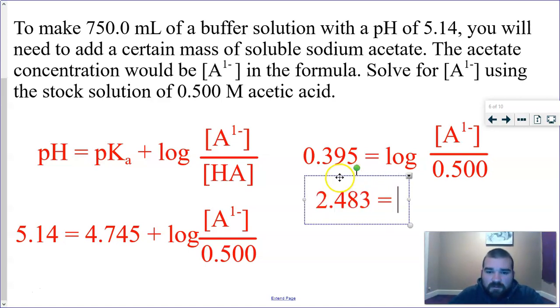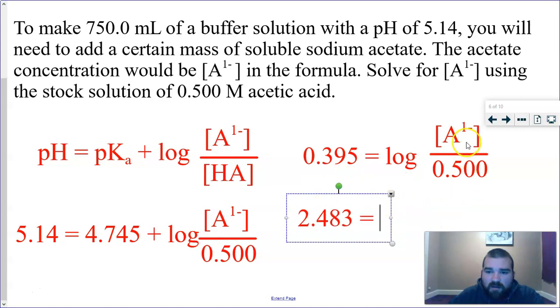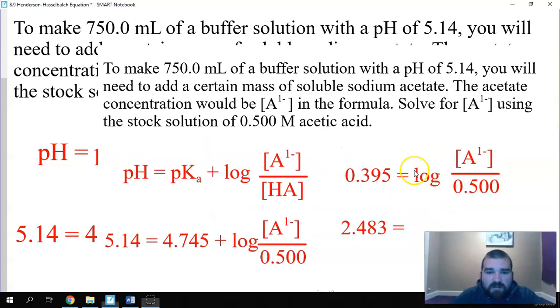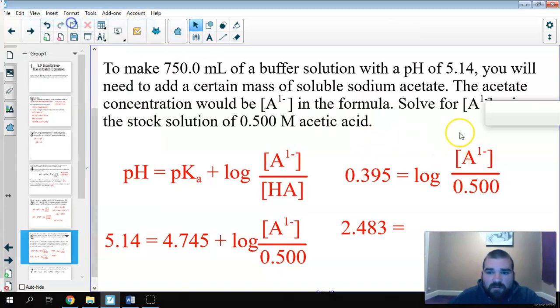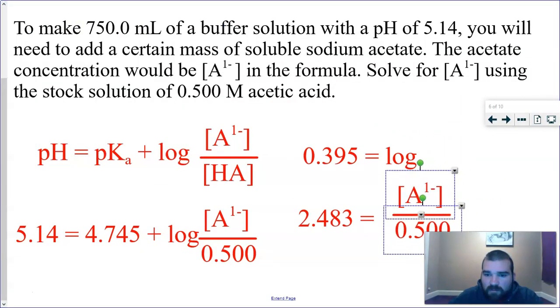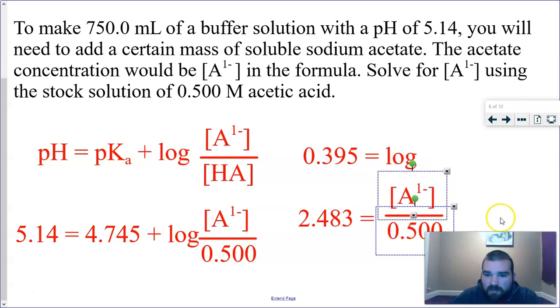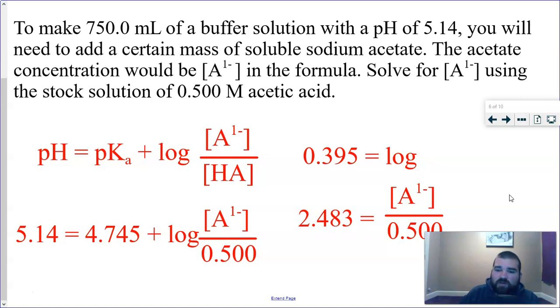So 2.483 equals my concentration of base over my 0.5 for the acid, which I know. All I need to do now is multiply by 0.5, and I should be good.